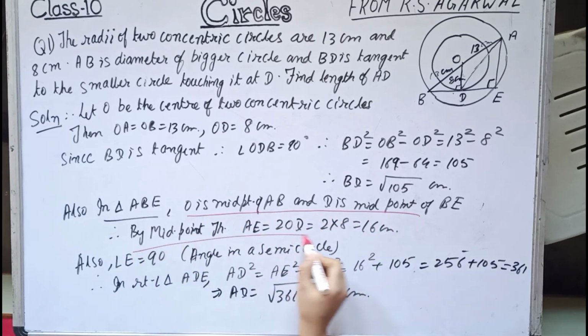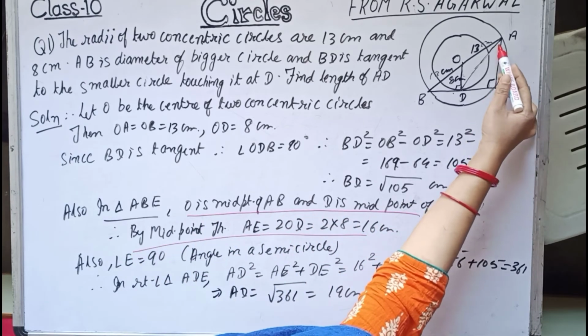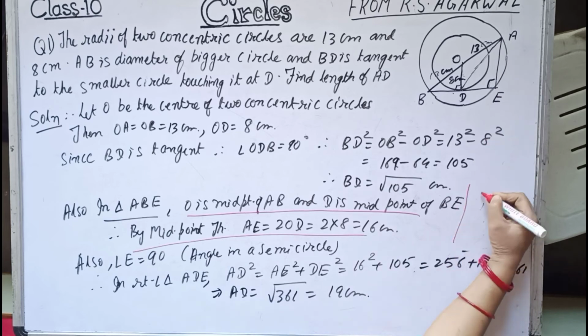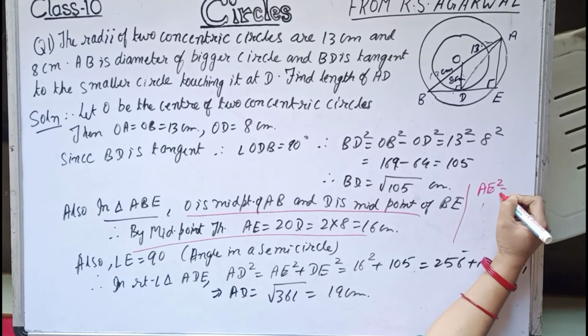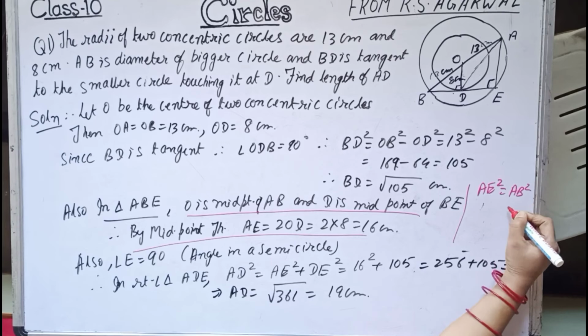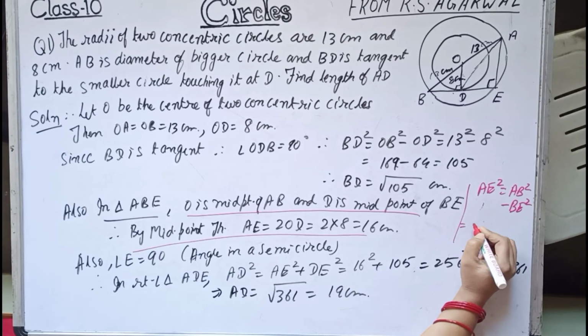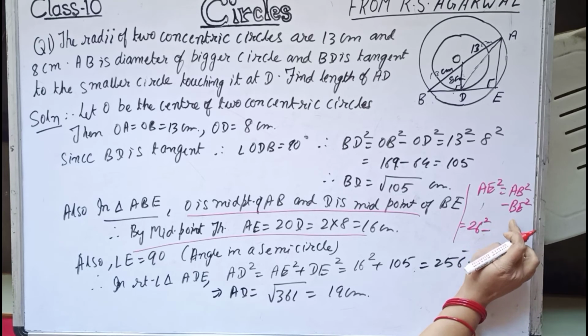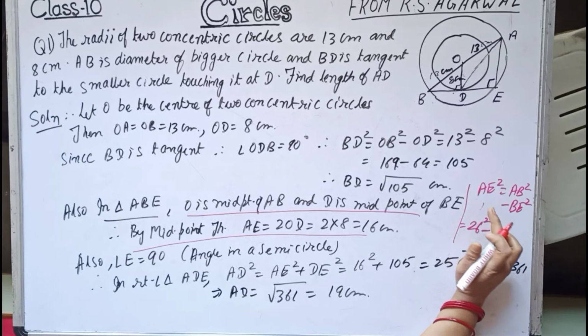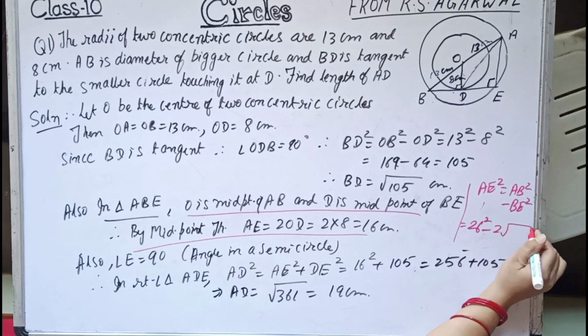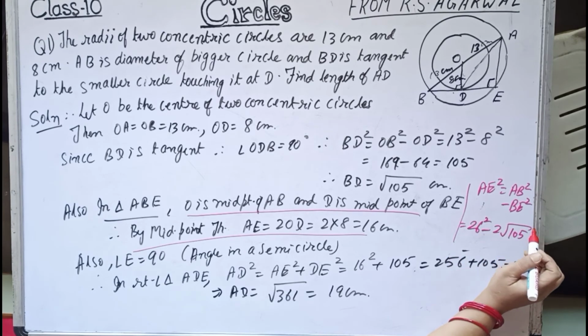So children, over here what you can do, to get the value of AE, you can use this Pythagoras theorem also, that AE square equals to AB square minus BE square. Now AB square is 26 square minus BE square, BE will be twice of root 105.